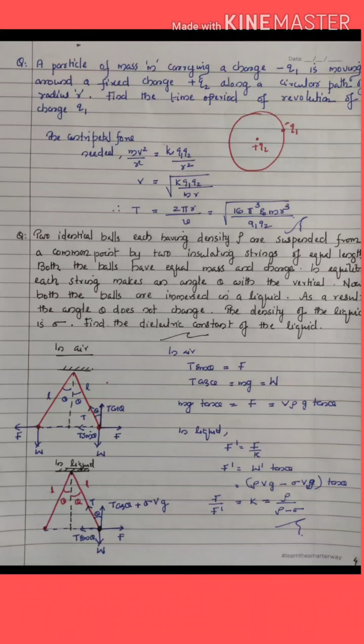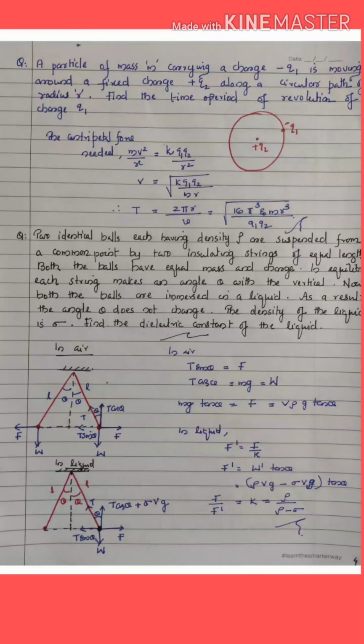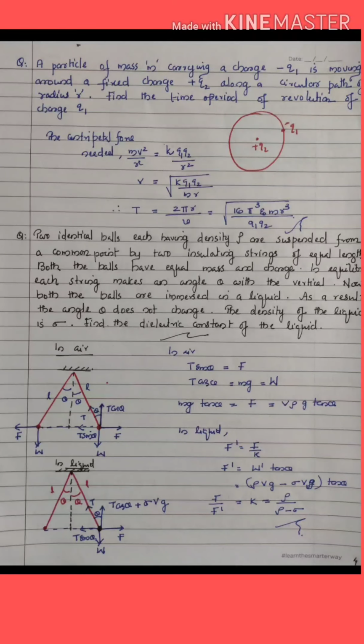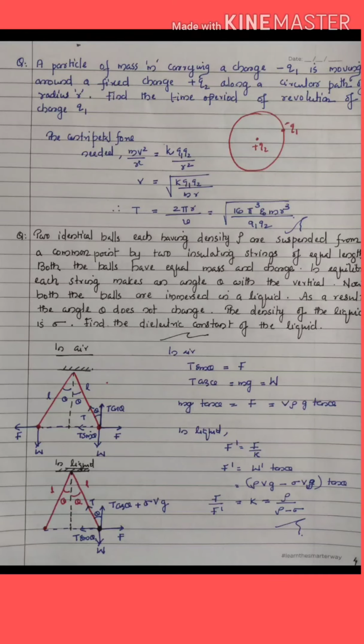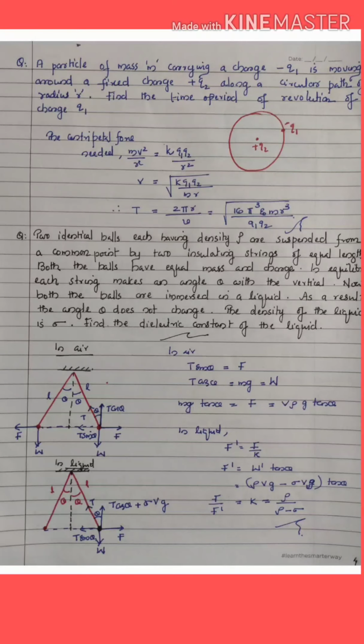As a result, the angle theta does not change. The density of the liquid is sigma. Then find the dielectric constant of the liquid. Here we can think about the preliminary aspects. Because of the repulsion, the two balls are displaced with an angle of 2 theta.